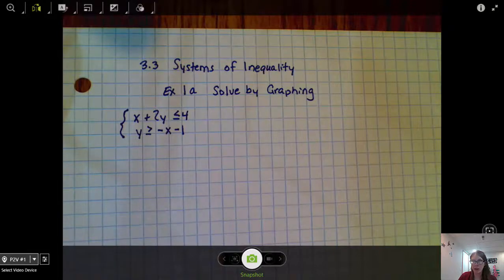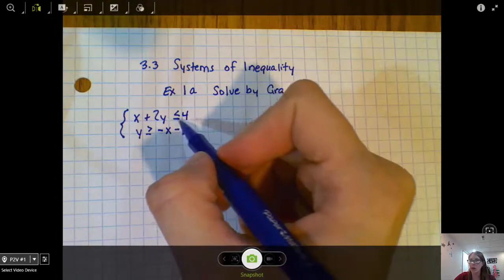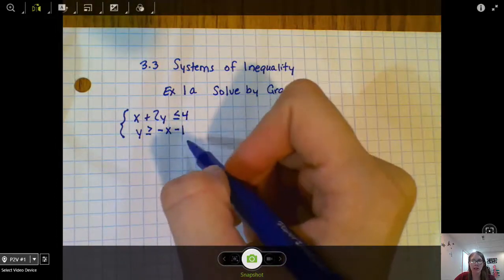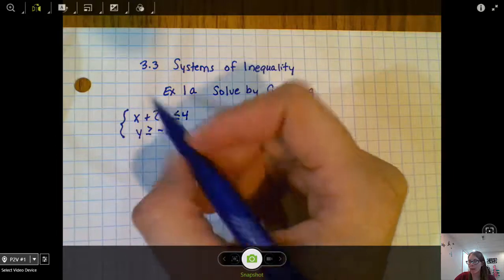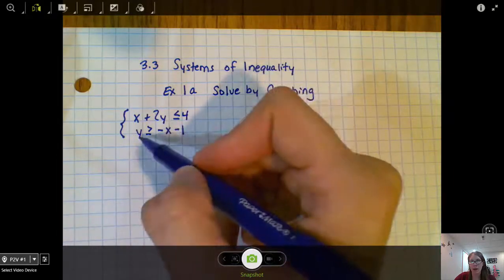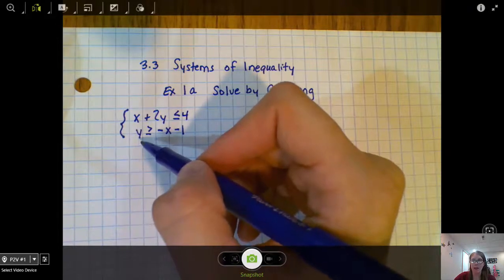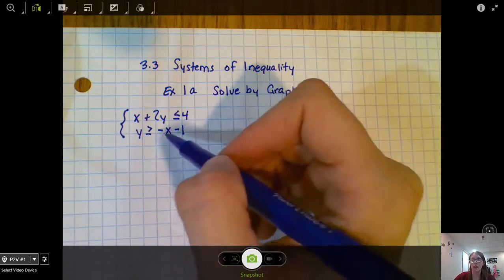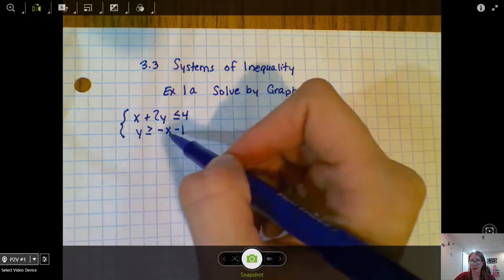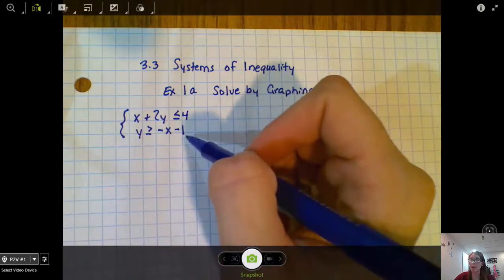First of all, before we get started, just like when we were solving a system of equations by graphing, the first thing we really wanted to do is to get both of our equations in slope-intercept form. This bottom inequality looks like it's slope-intercept form. We still have y alone on one side, and then the rest of our equation. We have our x, and then we have our b value.